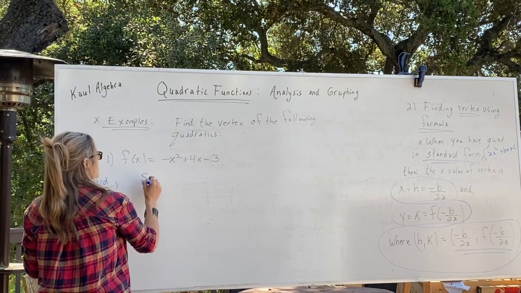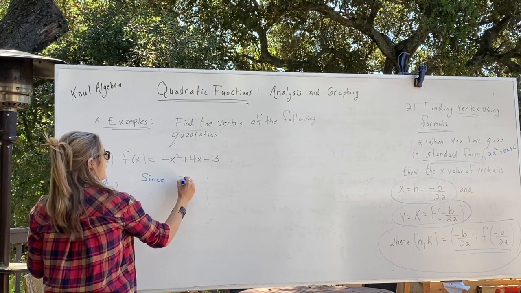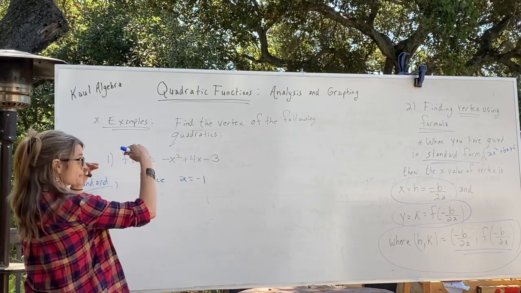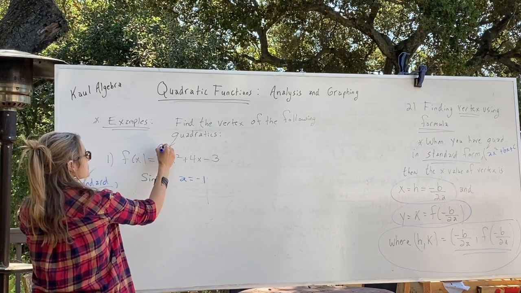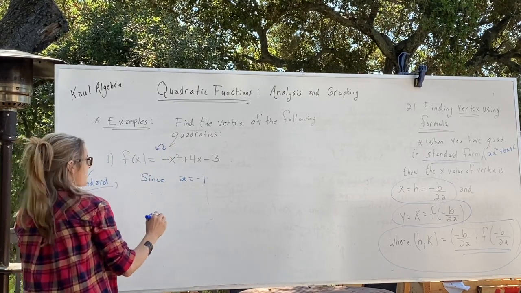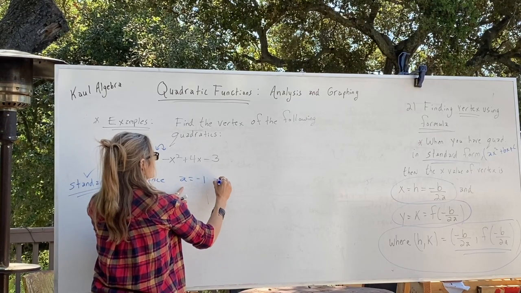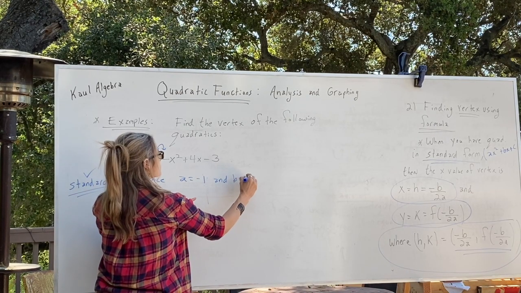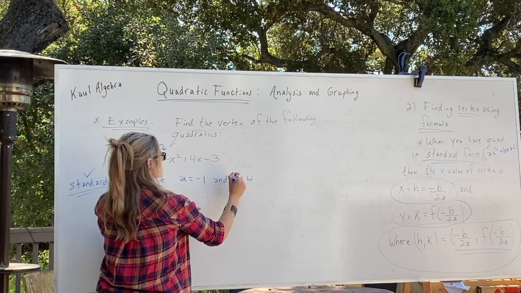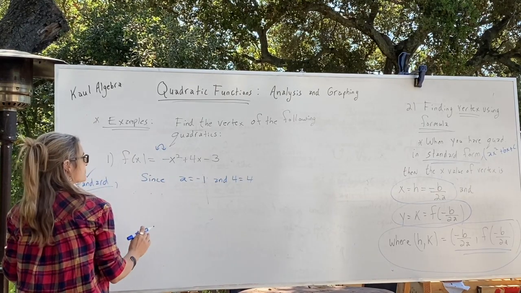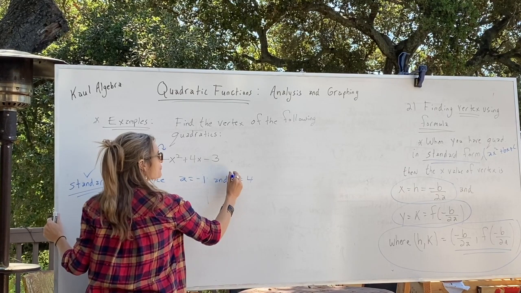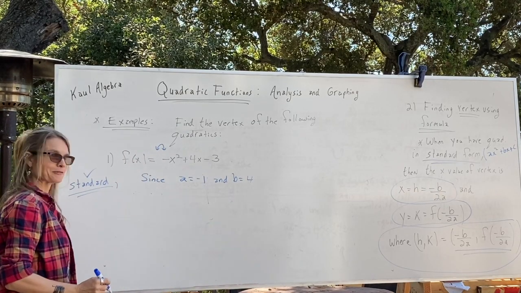A is equal to negative 1, which means this is going to be a downwards parabola, and b equals 4.